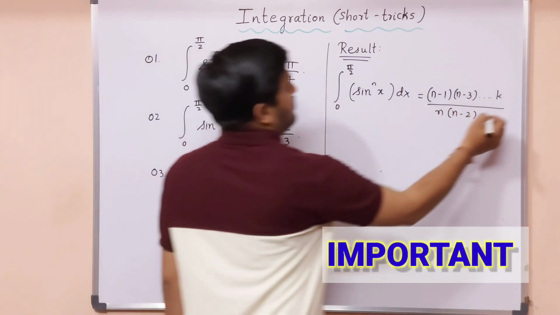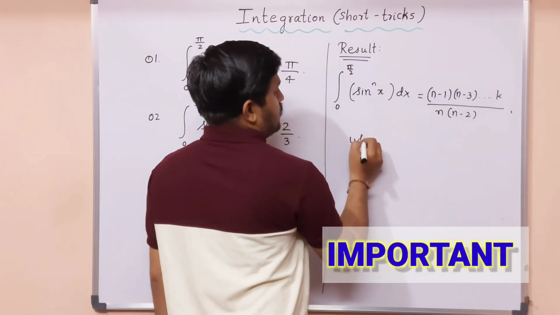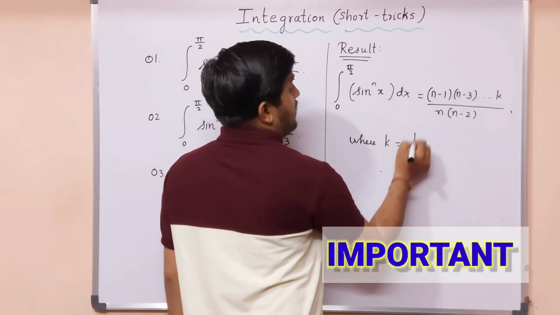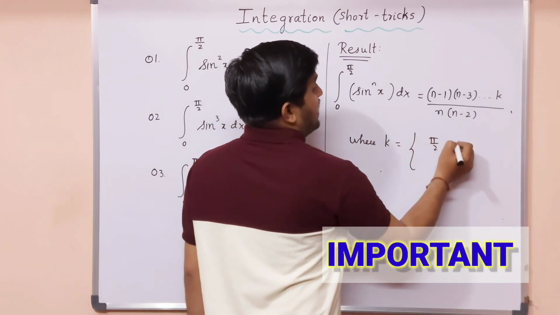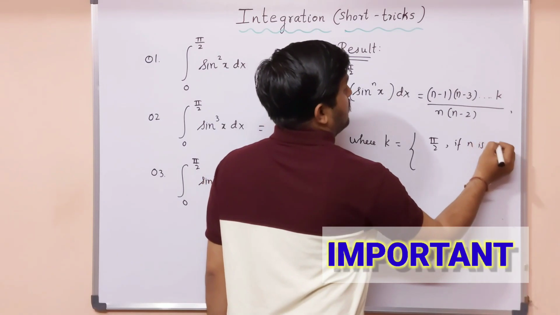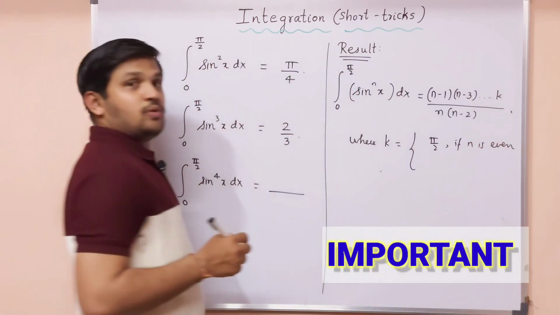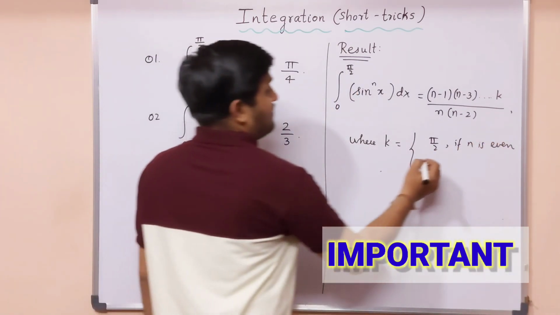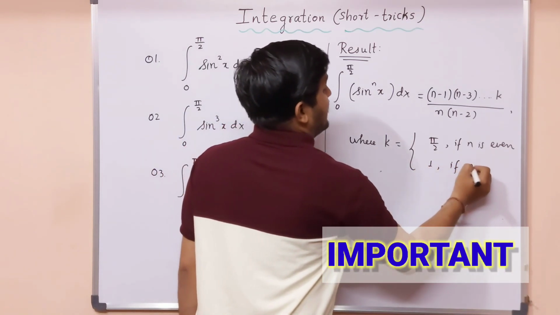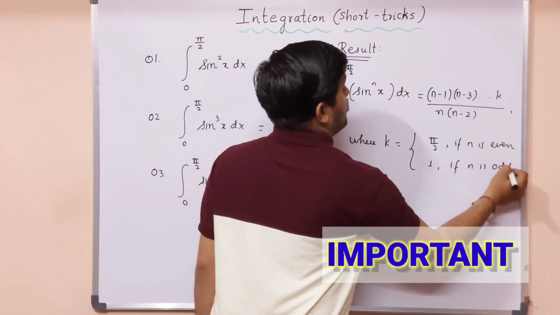And what is this k? We will define it. k will be pi by 2 if n is even, and k will be 1 if n is odd.